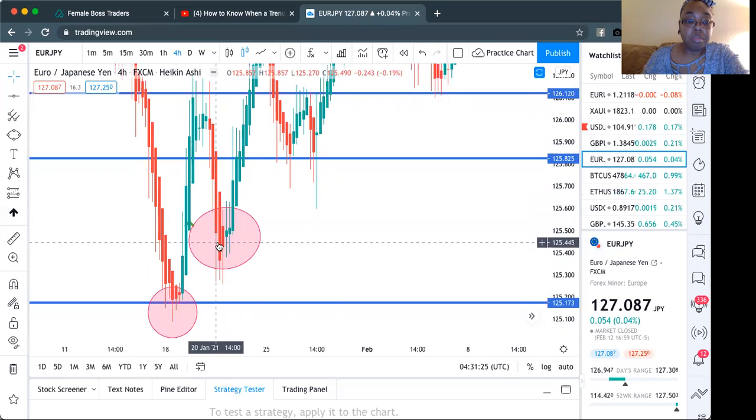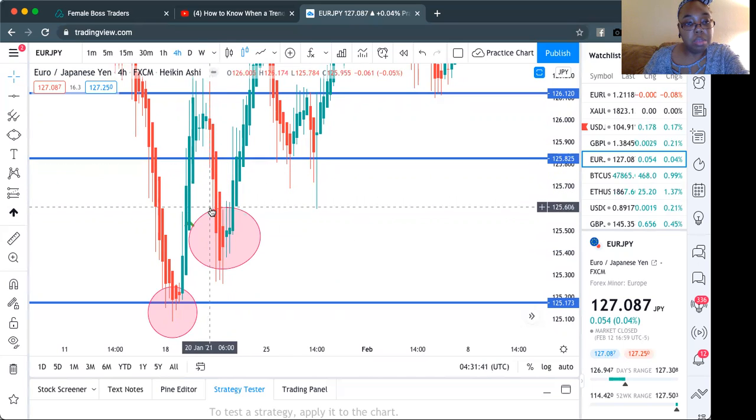Then the market went sideways, so you probably would have gotten out. I would have taken this all the way down here, and probably would have got out right here.